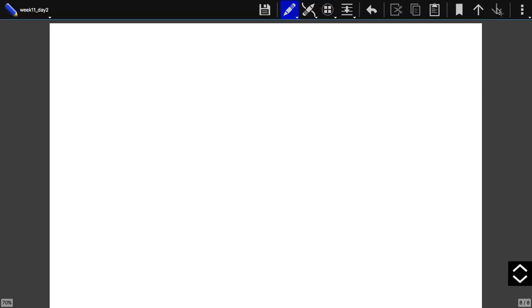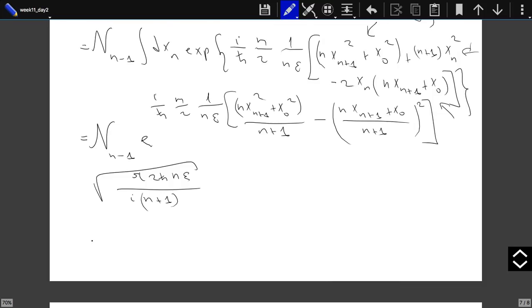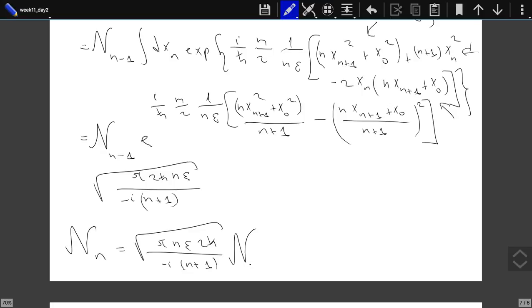So if my claim is correct, then the normalization after the nth integral will be just the square root of pi n epsilon 2 h bar. So here I have a minus i n plus 1 times the normalization after the n minus first integral.